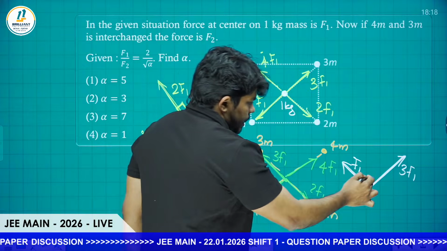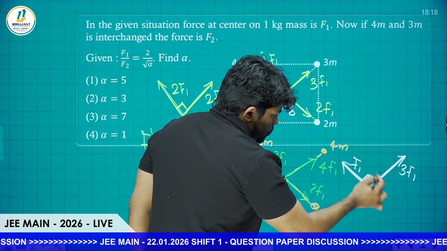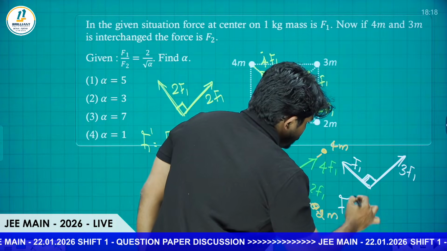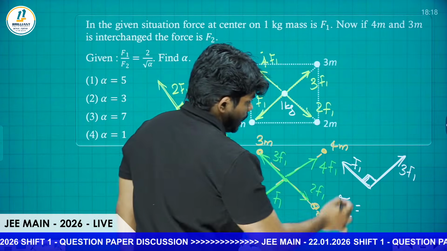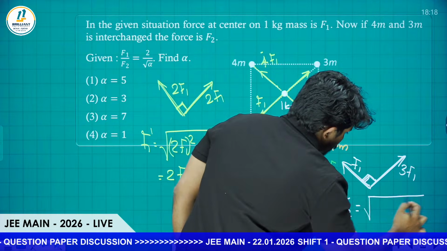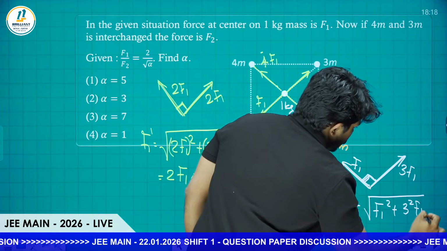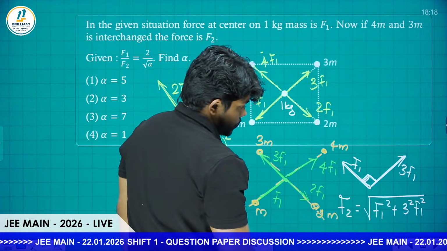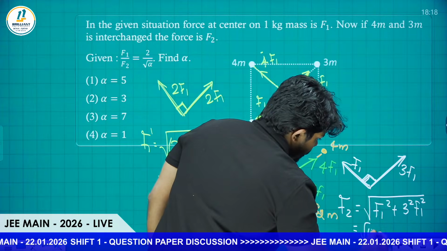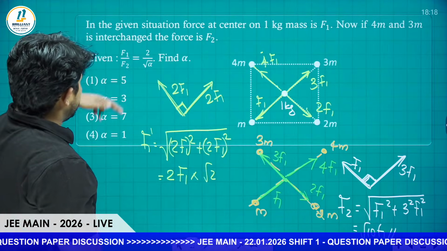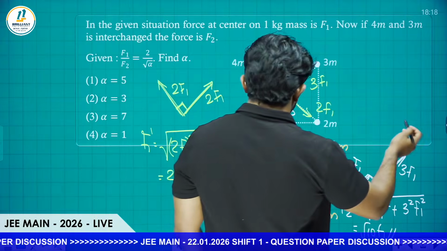Now they are also perpendicular to each other, right? So we can find the resultant, that we have to find as F2. That will be equal to root of F1 square plus 3 square F1 square, that will be equal to root 10 F1. Now we have to take the ratio of those two forces.